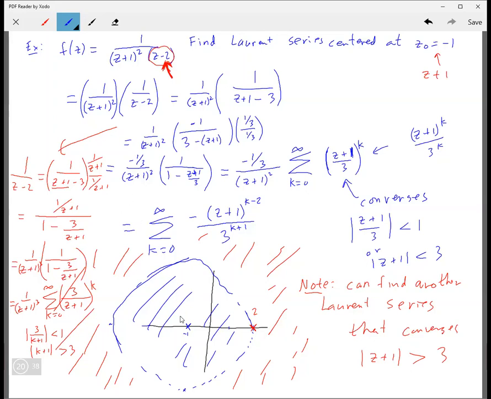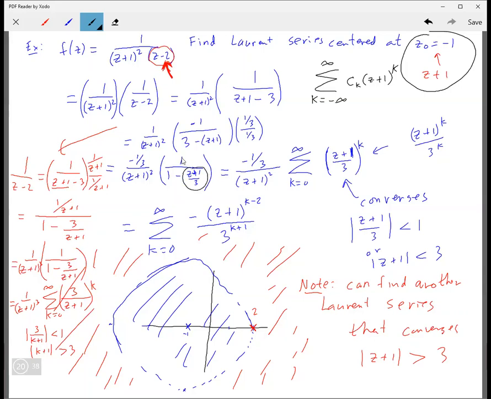Because we want to center it at this point. The thing is, if it's centered here, then your series has to look like this. Your terms have to look like this. You have to have powers of z plus 1. So in order to do that, we need to get a z plus 1 there. Which is right here.